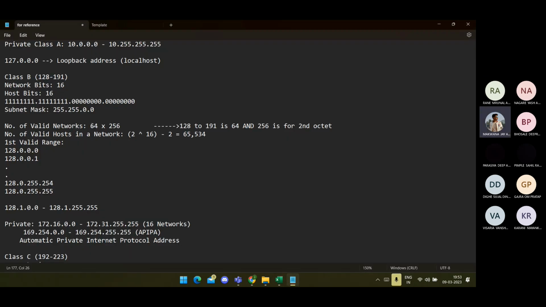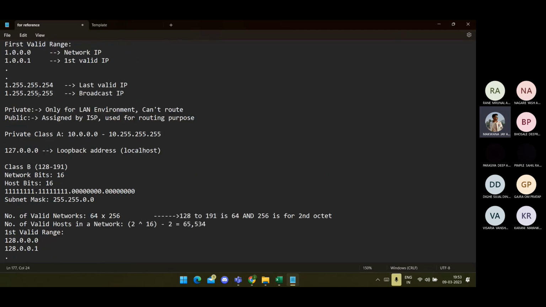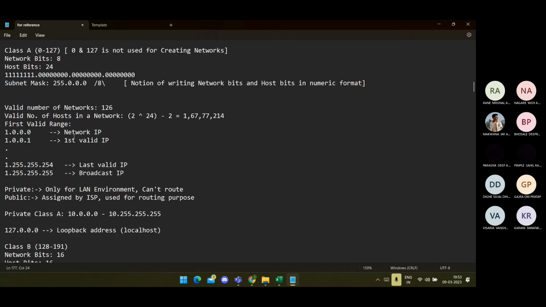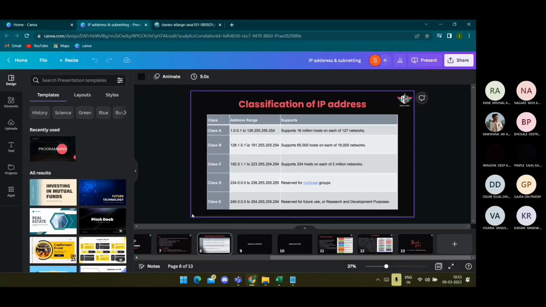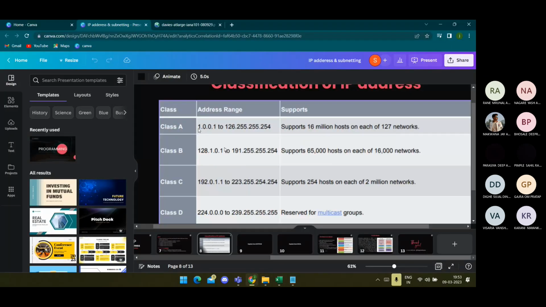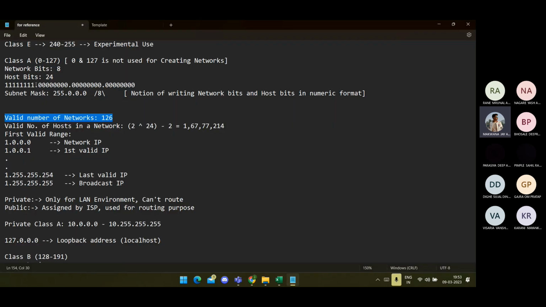Okay, so I will tell you. In the case of A, you understand how we calculated the number of networks for A? We are traveling from 1 to 126, so we only considered the first octet, because in class A the network bits are in the first octet only.